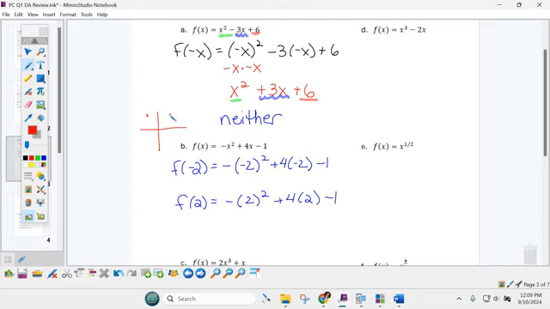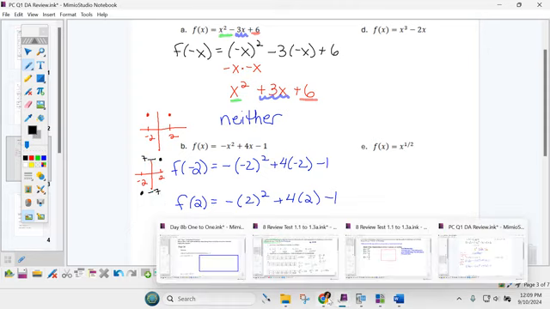So if they're the same y value, that would be this even symmetry, that for positive 2 and negative 2, I get the same result. If I get one positive value and one negative value, same, like if this is 7 and negative 7, that would be odd symmetry. If I get two numbers that aren't related at all, then it's going to be neither.